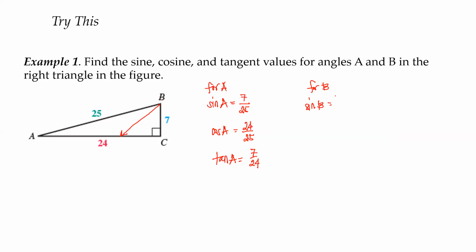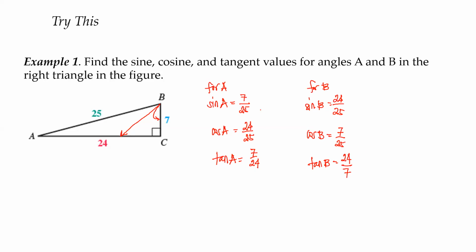So that's 24 over 25. And then cosine B is equal to adjacent. Adjacent to B is this one. That's 7 over 25. And then tangent B is 24 over 7.